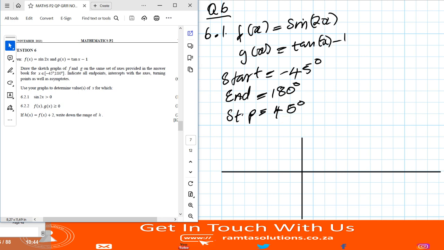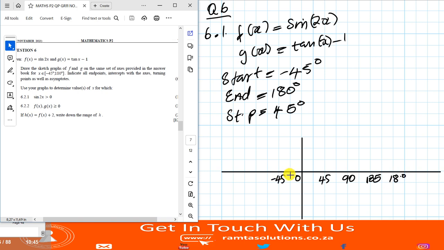Okay, let me start. I'm going to take this as 0, and this will be negative 45, this will be 45, this will be 90, this will be 135 degrees, of course, and this will be 180 degrees.